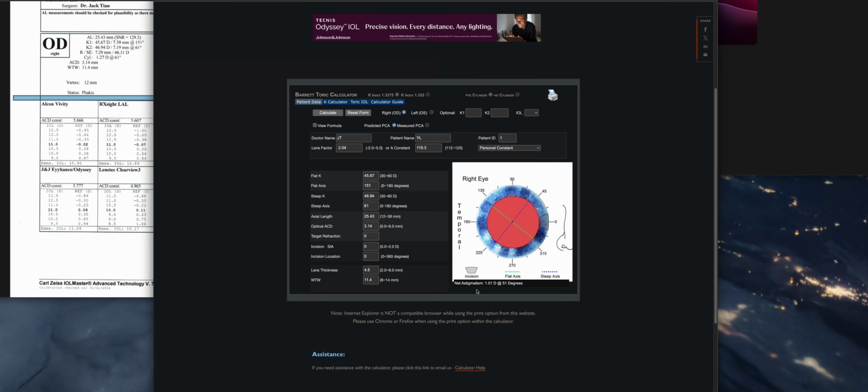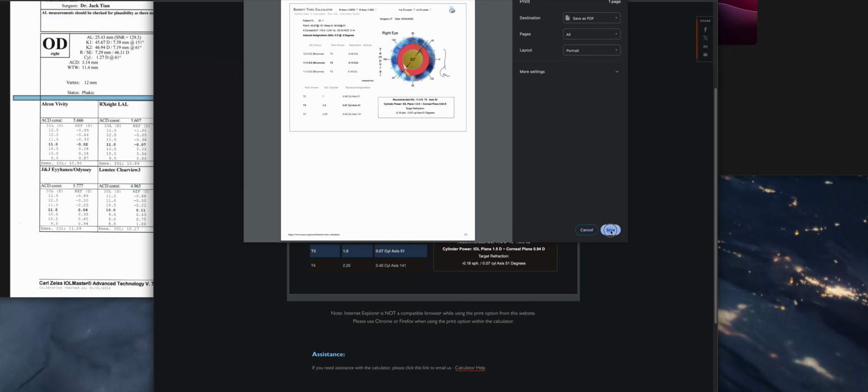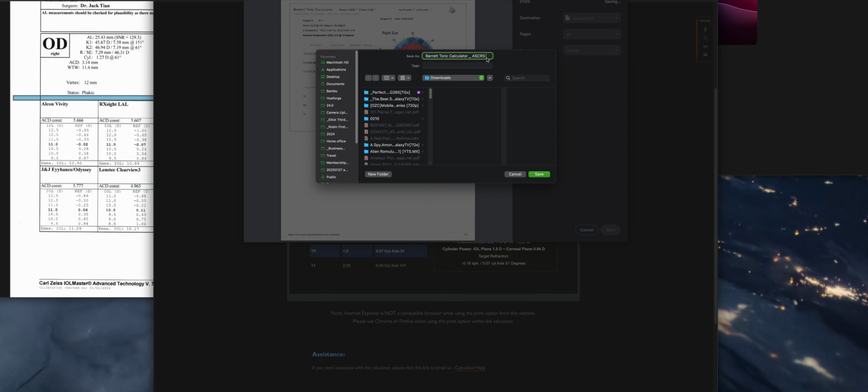And we've got one diopter. I bet this is going to be a toric. T3. 11.5 diopter T3, first minus. Perfect. That's the power. And then let's see, T3 gets very close to 0. I like it. I think we're on number 16 here.